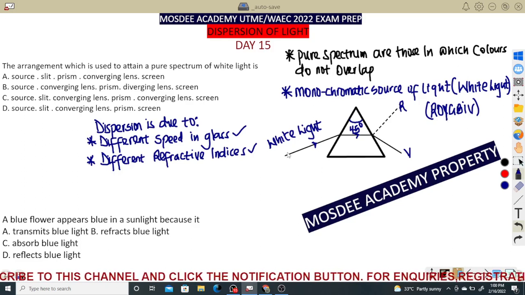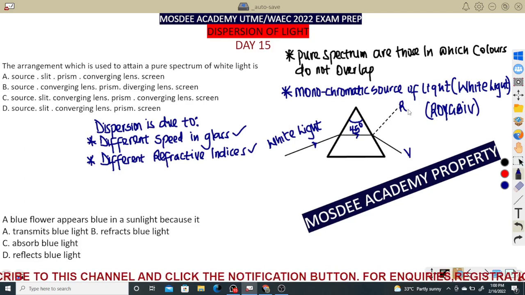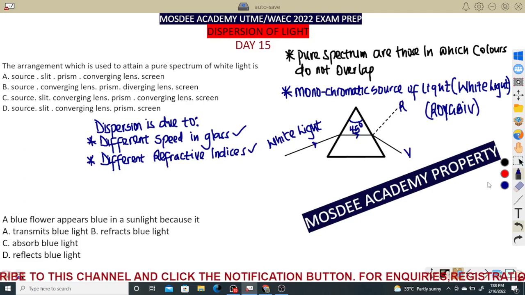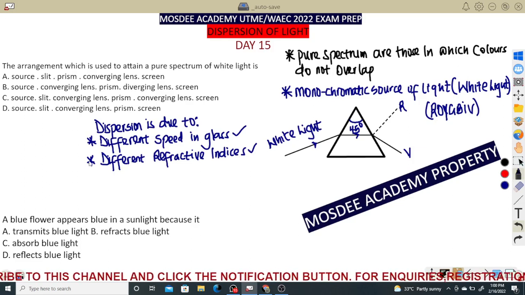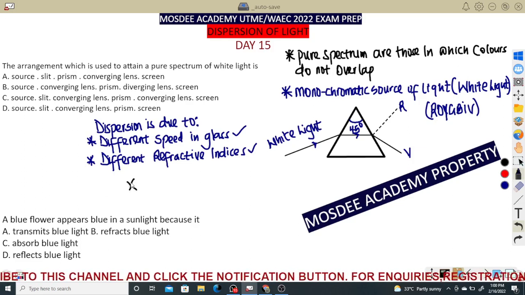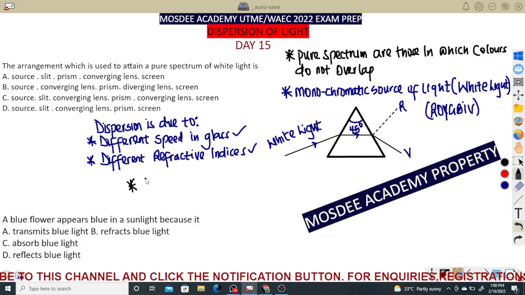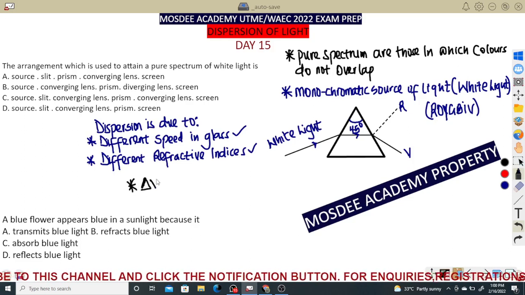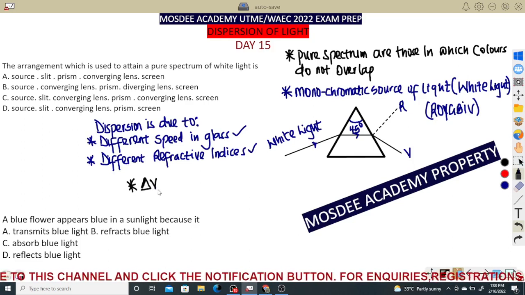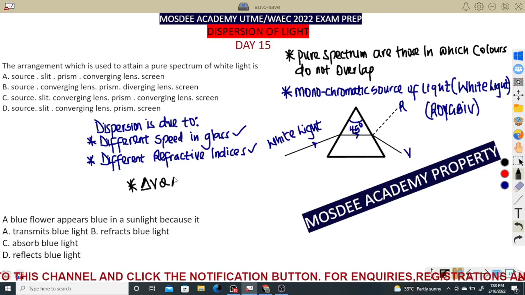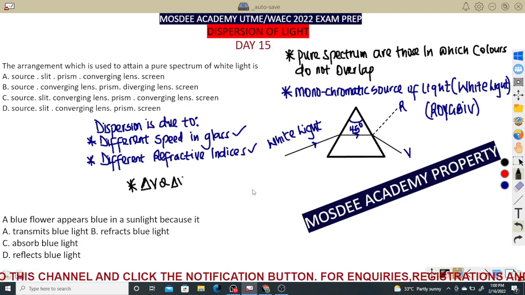If we talk about the arrangement of each of them according to the Cauchy formula, I think some questions used to ask you, but your teacher might not tell you it is called the Cauchy formula. It's like the change in speed in glass. This is delta v, where v means speed. You have learned that in your kinematics and mechanics. The change in speed is proportional to the change in wavelength. Wavelength is lambda.